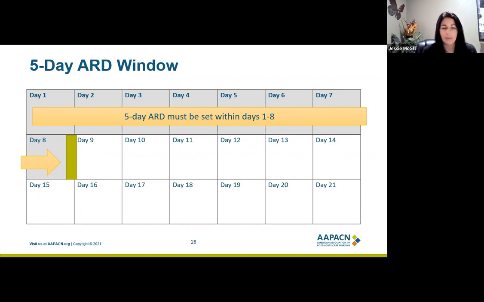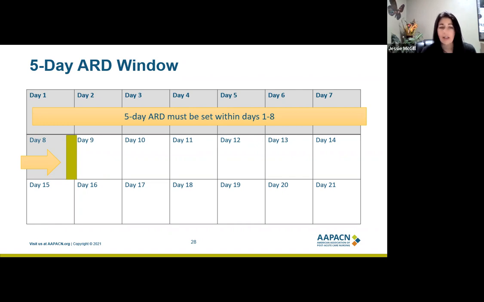So if I had set my ARD for my 5-day on day 6, and now I'm going through the chart on day 10, and I think, oh man, if I would have used day 7, I could have captured these other items. You can't go back and change it. That date is set. I'm already outside the ARD window. What was set is set, and I can't move it.